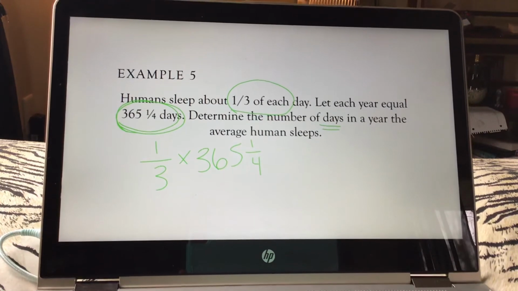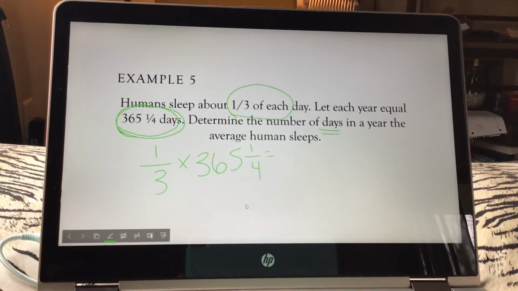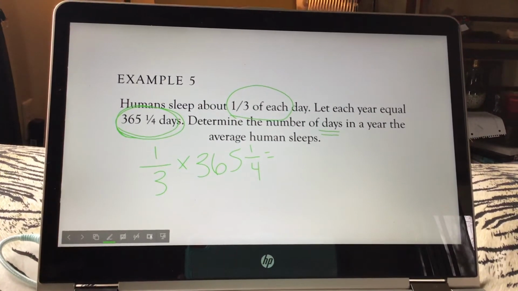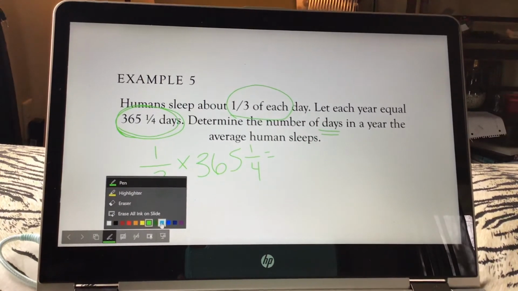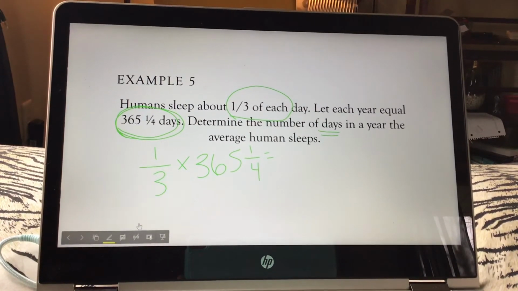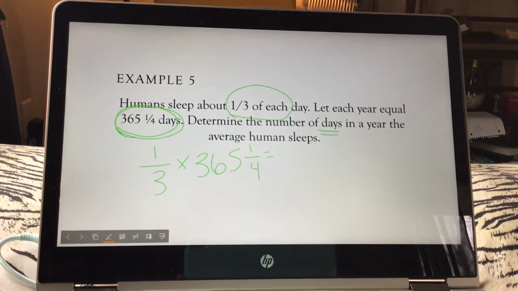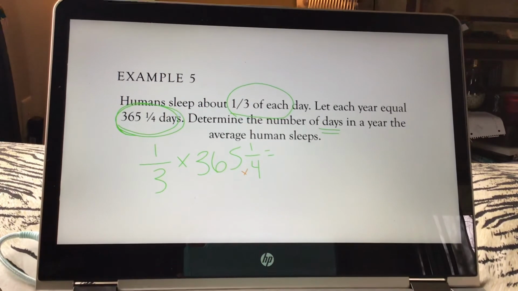What should be our first step here? We should change this 365 1/4 to an improper fraction. So let's do that. You might need a calculator, or you can multiply on your paper, and that's fine. Let's change to orange. Okay, so we need to know 365 times 4.